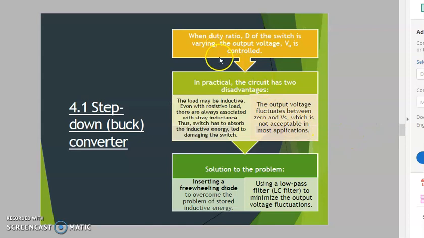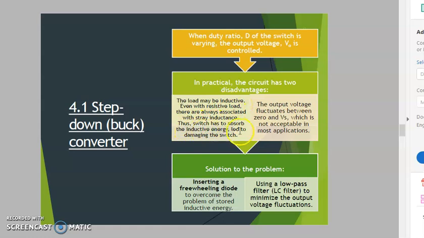Okay, when the ratio of the switch is varied, the output also varies, so we can control the output using the duty cycle. But in practice, there are two disadvantages of the circuit, which is that the load may be inductive. Even in a resistive load, there will always be a stray inductance, and it will be worse if we have an inductive load.